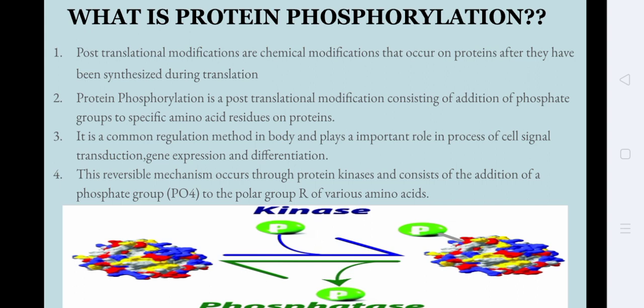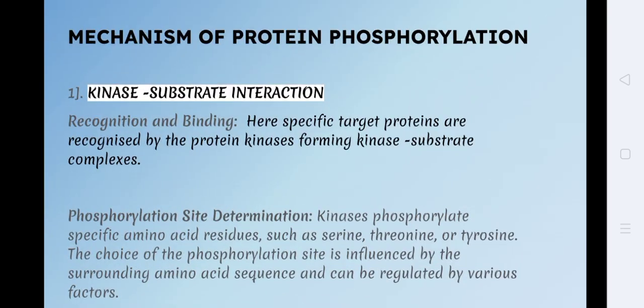So, now how are these proteins phosphorylated? First is kinase substrate interaction. First, it is necessary to have both these interactions so that they can react and phosphorylate the amino acid. The specific target proteins, which are nothing but our amino acids, are recognized by our protein kinases, wherein kinase substrate complexes form.